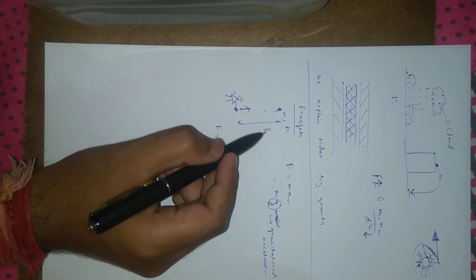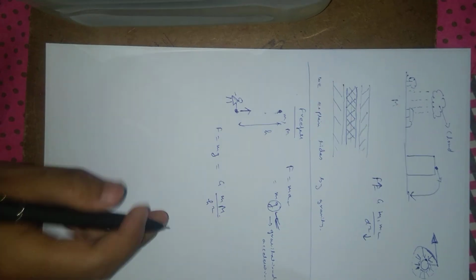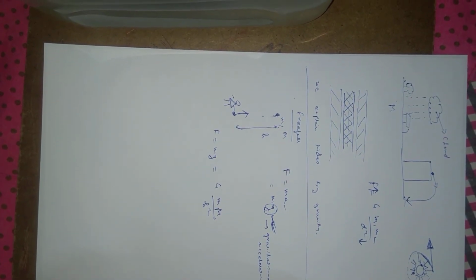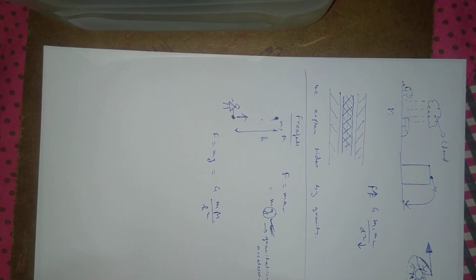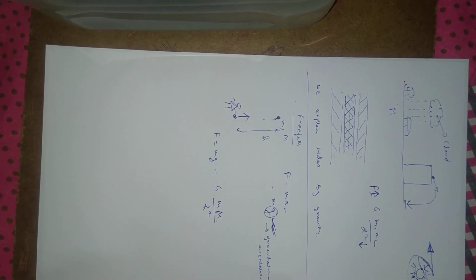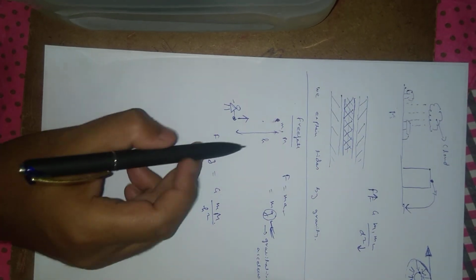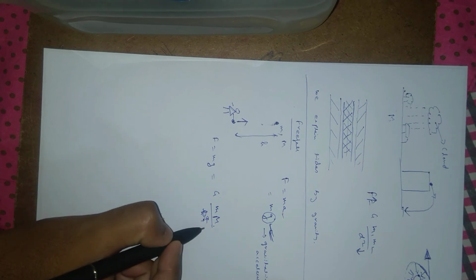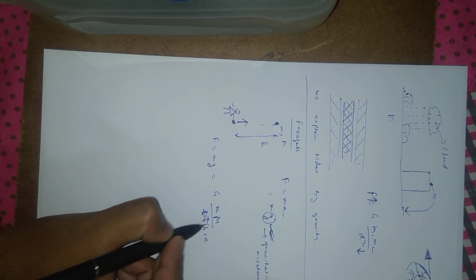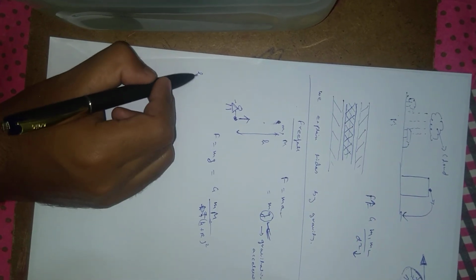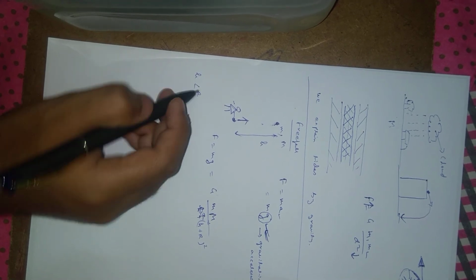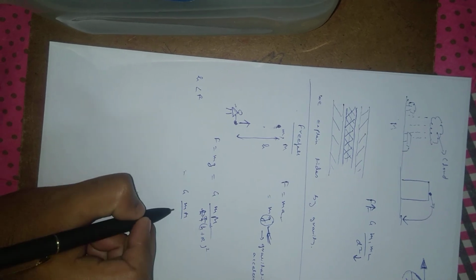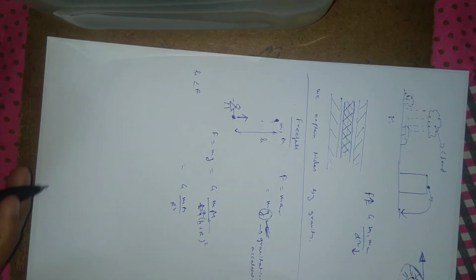So the distance, let us take height h. Actually it will not be h square, it will be h plus radius of earth, square. Okay, h is pretty much smaller than the radius of earth, so let us take it as M into m divided by R square.